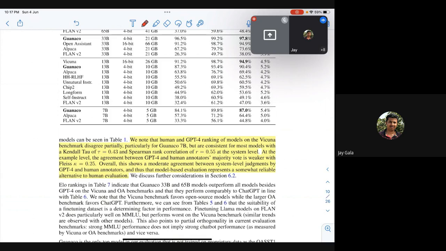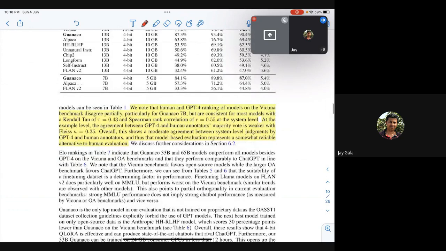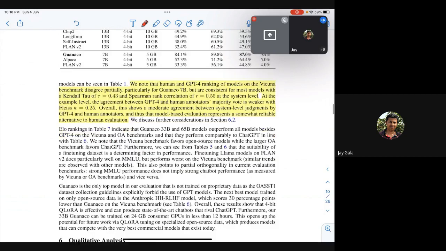So for the Guanaco 7 billion model, overall they see a Kendall correlation of 0.43 and a Spearman rank correlation of 0.55 at the system level. And between agreement of human and GPT-4, I think it is a bit lower, that is 0.25, the Fleiss kappa score, which shows that both do not seem to agree much. And the authors say that maybe the model-based evaluation approach is useful and reliable as an alternative to human evaluation.